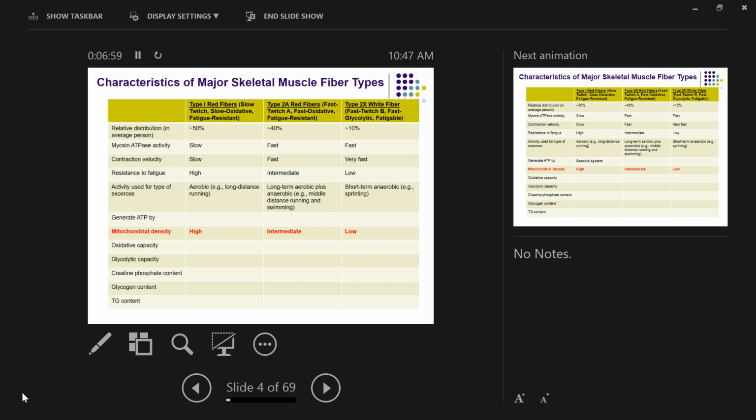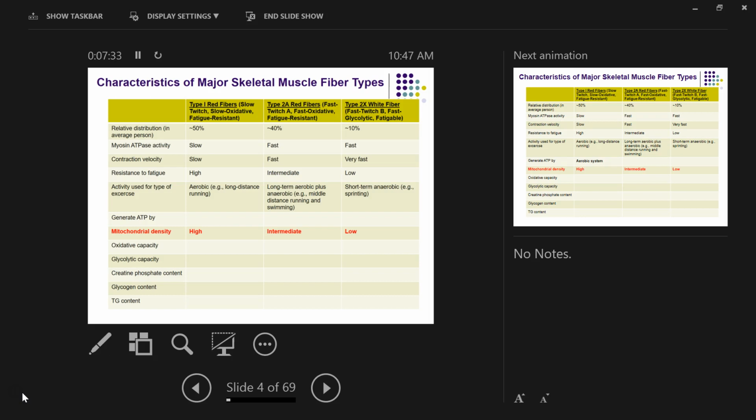In terms of resistance to fatigue, type 1 red fibers have very high resistance to fatigue. That means type 1 fibers are not easy to fatigue, right? And type 2X fibers are very easy to fatigue.